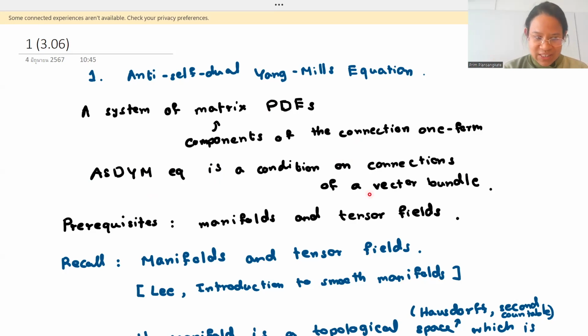As I mentioned yesterday, I would like this course to be very introductory. So I will start from defining a vector bundle and connections. But to do that, we would need some definitions and basic concepts about manifolds and tensor fields, which I started to recall yesterday. Now, I will continue with this.